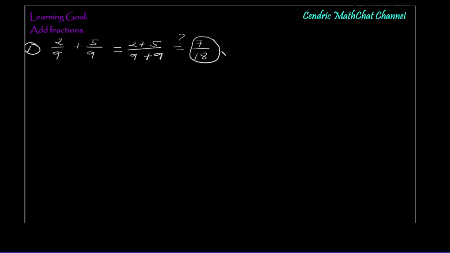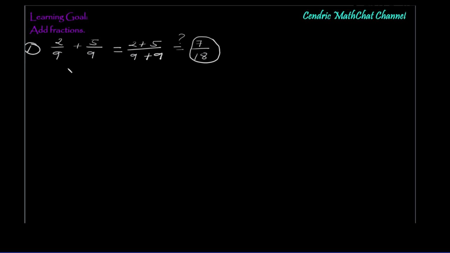Okay, let's revisit our fractions. In this problem, we have 2 ninths and the unit here is ninths. This means we have 2 groups of ninths. We have 5 groups of ninths since we are referring to the same unit.